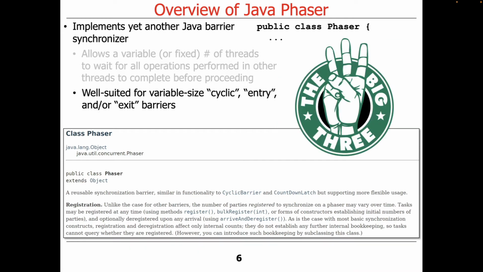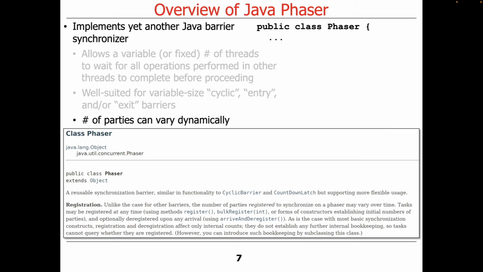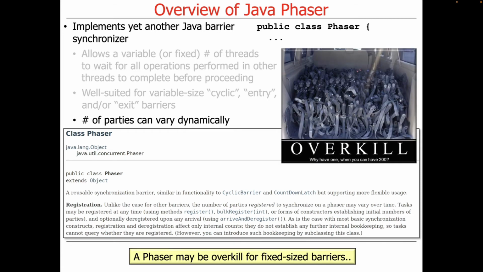Phasers are well suited for variable sized cyclic entry and or exit barriers, where the number of parties can vary dynamically between work crews, if you will. You can use phasers for fixed size parties as well. However, it's probably overkill. Maybe a little hard to see, but this is a minivan full of seatbelts, and it says overkill.